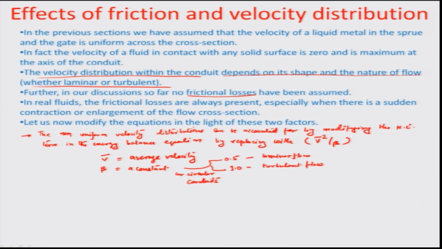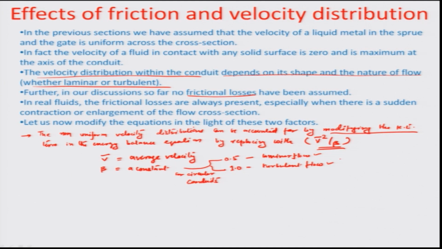So, basically that is how we will try to modify the kinetic energy term, okay, in terms of its different properties of flow within the sprue and runner channels before the metal reaches the actual mold. Okay.